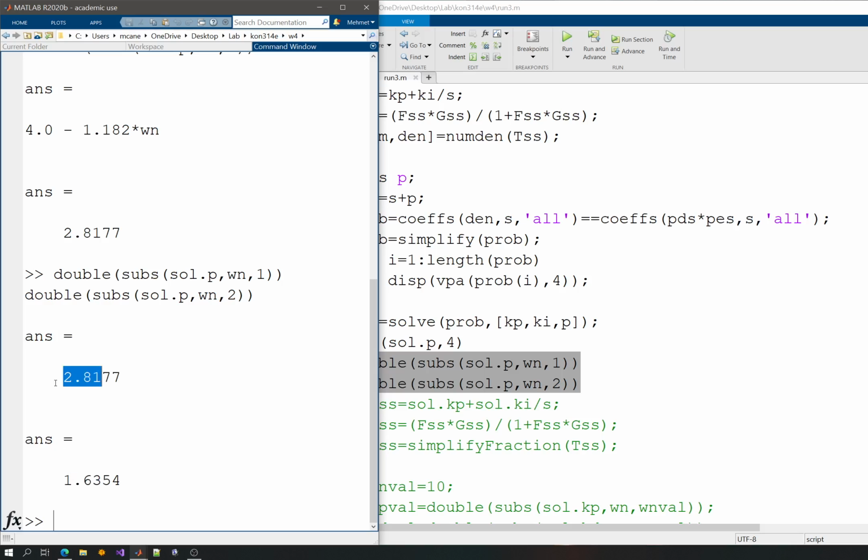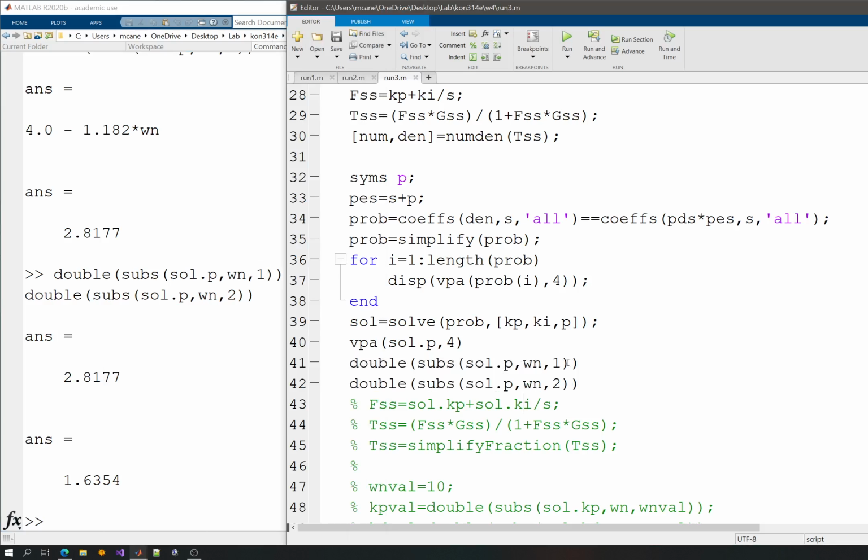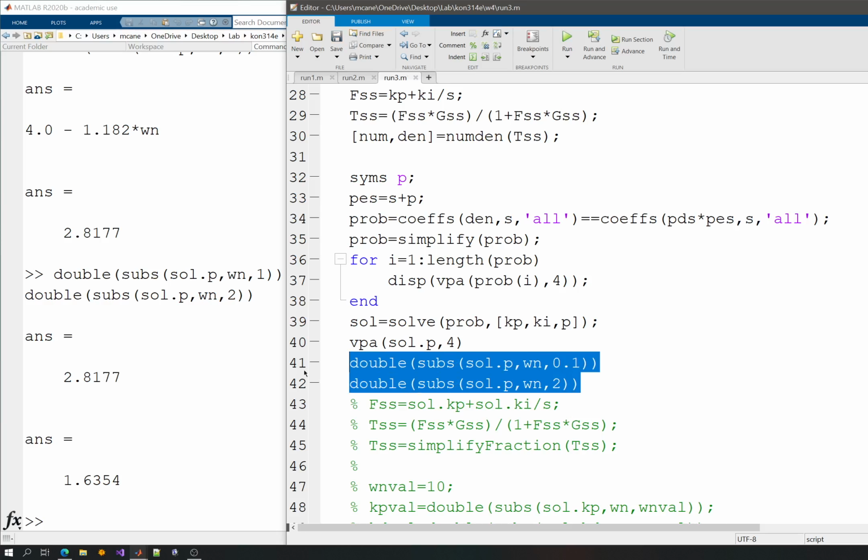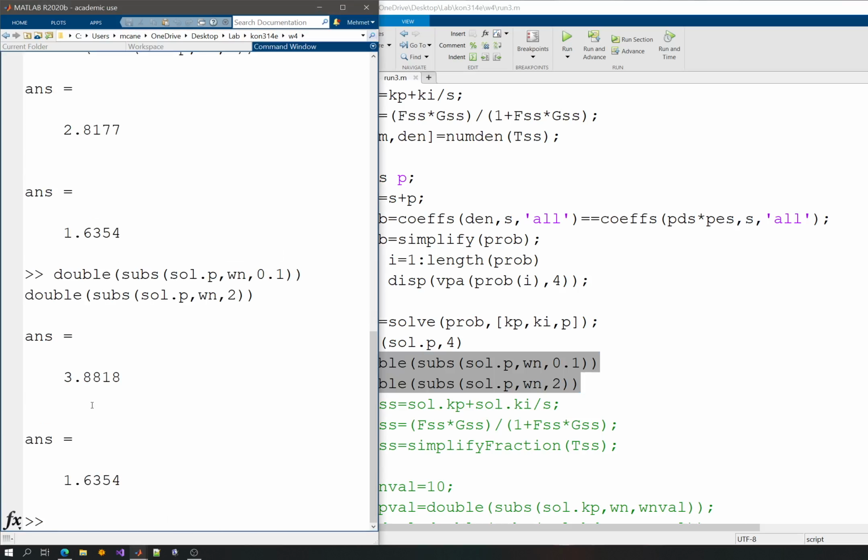This will be at minus 2.81. So having a lesser omega n value will be better. So omega n can be 0.1 here. This could be a good idea. And you can see that it becomes 3.88. So it will be on the left hand side, and it will be at minus 3.88.